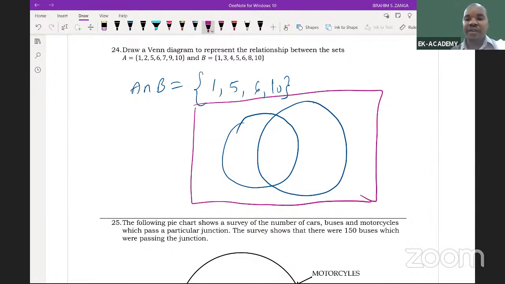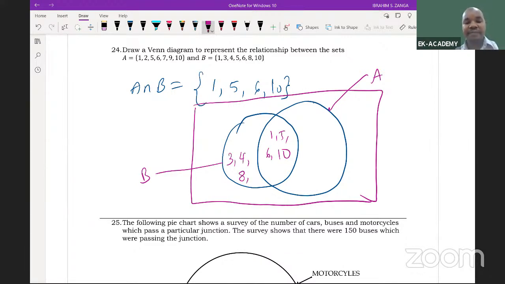Now, this is A and this is B. We start with the intersection, which is 1, 5, 6, 10. Now the remaining part, B only, for example, you have 3, you have 4, then you have 8.